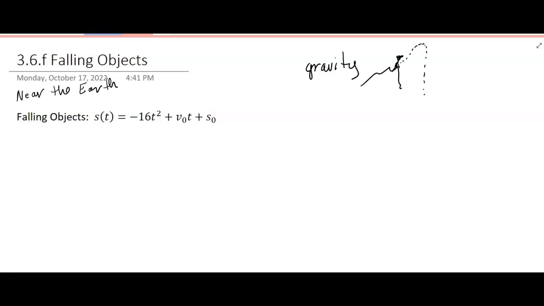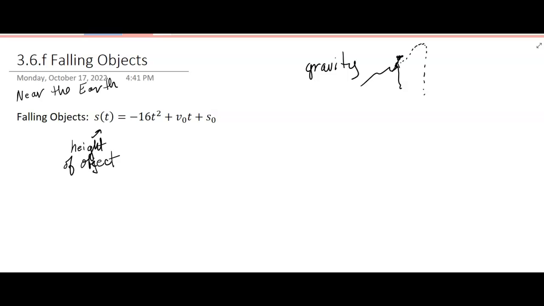Okay. And this is sometimes called a position function, or this is based on the height of the object. Height of object. So why is it an S and not an H? I can't answer that. Sometimes it's an H in some textbooks, but S has to do with the position.